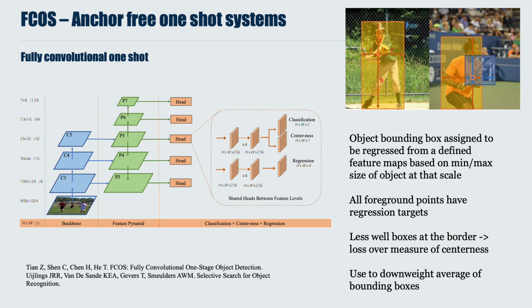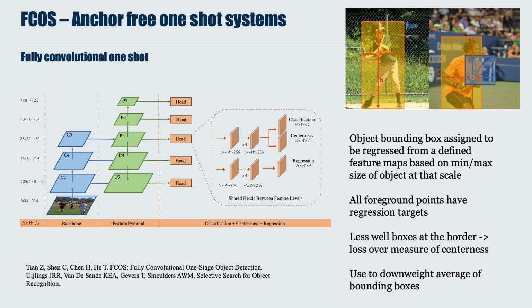And the object bounding boxes are only defined onto a specific feature map, meaning that you wouldn't learn an object bounding box if it doesn't correspond to the scale of the feature map. So naturally, if you are close to the border of the box, you are much more likely to make some mistakes because you may not have all the context that allows you to find the borders of the box.